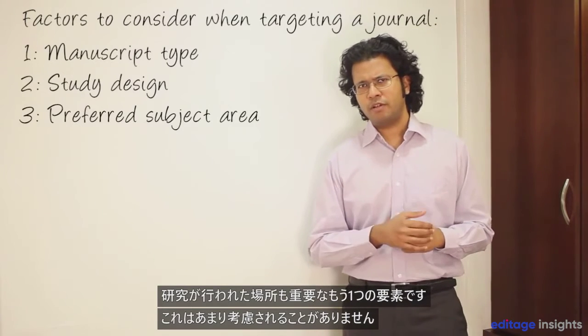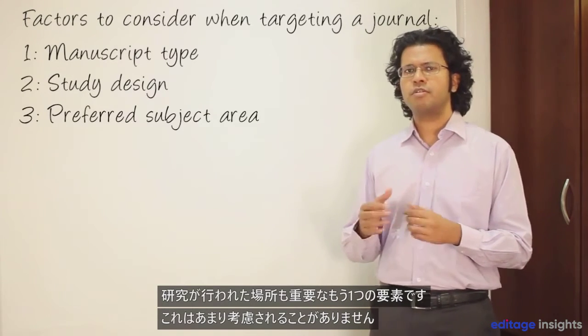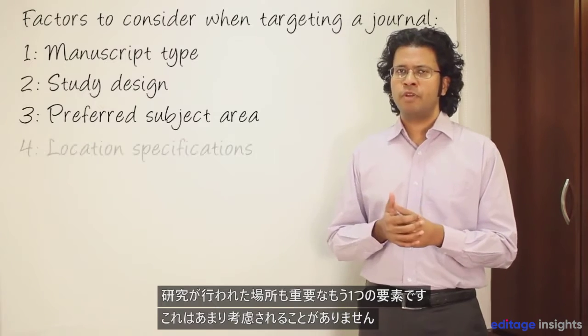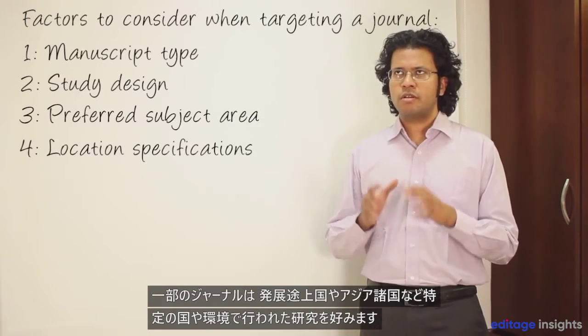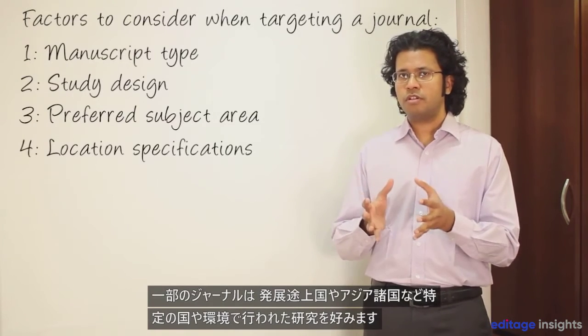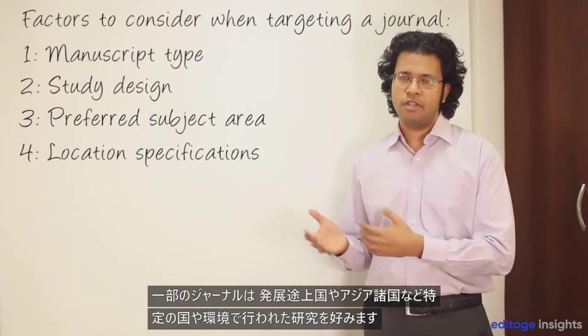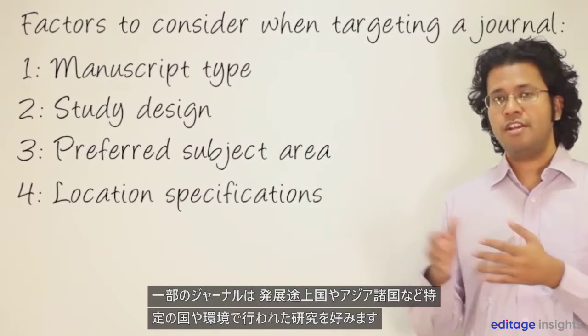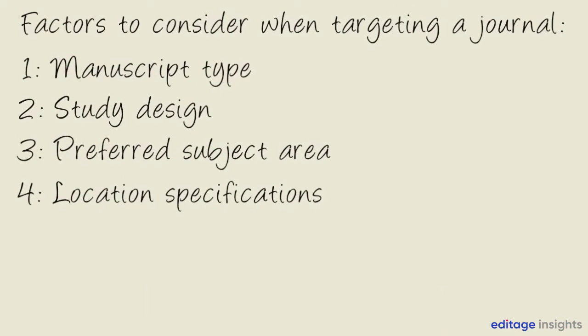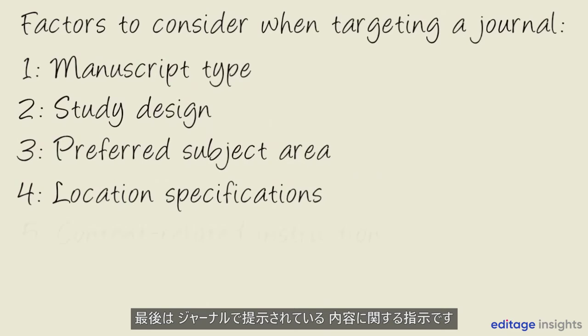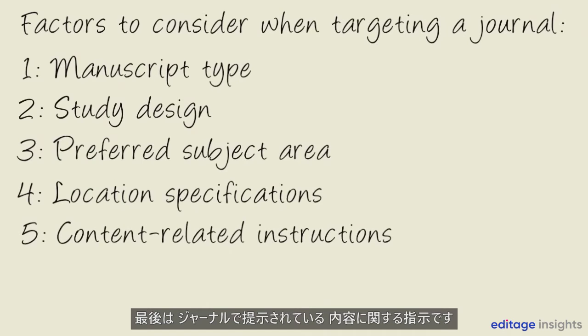Now there is one more factor which is often not considered by authors, and that is the location where your research was conducted. Sometimes journals may want to publish work done in certain countries or in certain contexts, like developing countries, Asian countries, and so on. And finally, we have the content-related instructions that may be supplied by the journal.